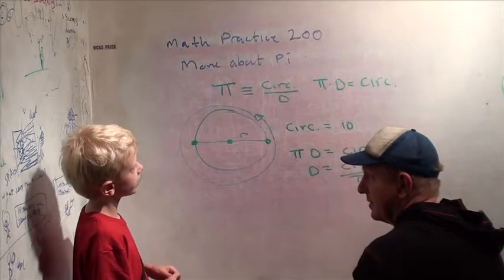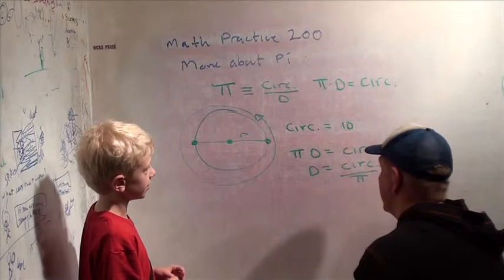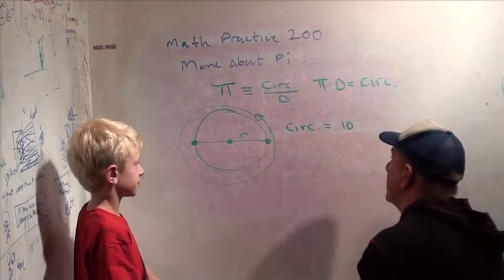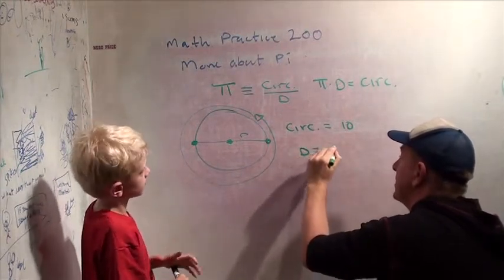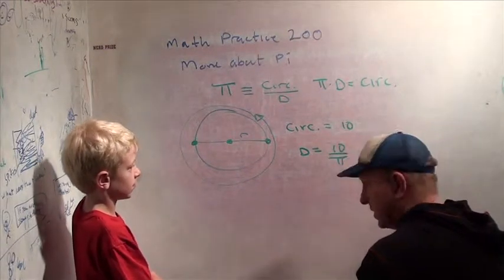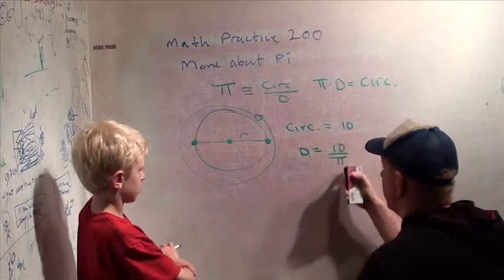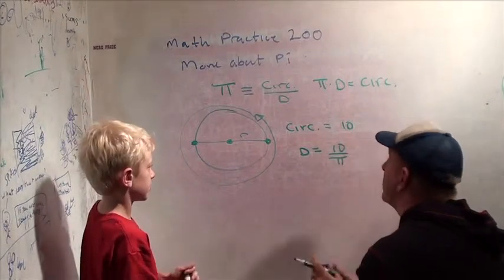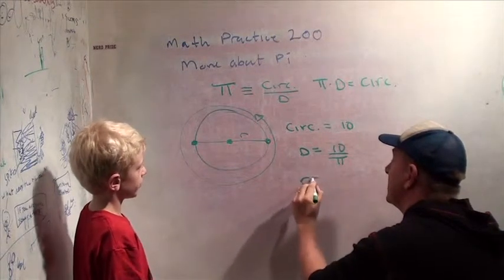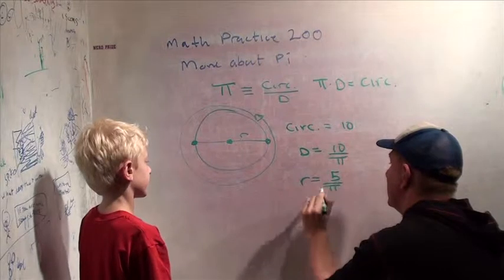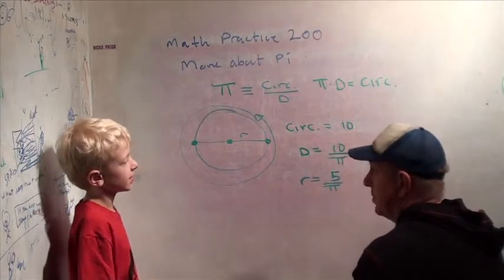But you can't divide 10 into 3 groups, so why don't we just say that the diameter is 10 divided by pi? Just like that, and just leave it like that, because we don't know what that is, right? Yeah. So we'll just leave it as 10 divided by pi. So what's the radius then? The radius is 5 divided by pi. Good job. Okay. Pretty neat, right?